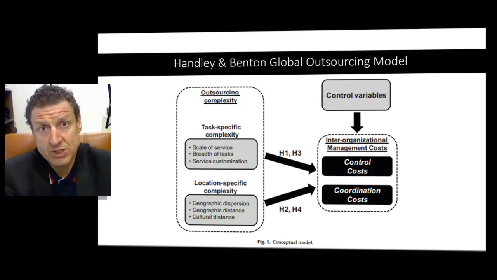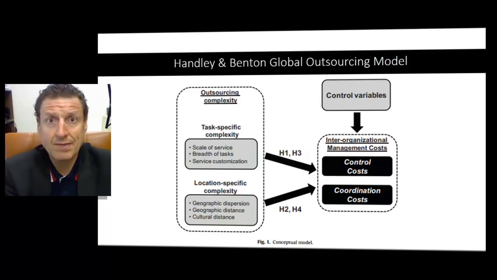Now what is very special about this study is they also just focused on the supply chain, the global supply chain, but they actually focused their literature review on the service supply chain, mainly because their context was the control costs and coordination costs of service outsourcing.